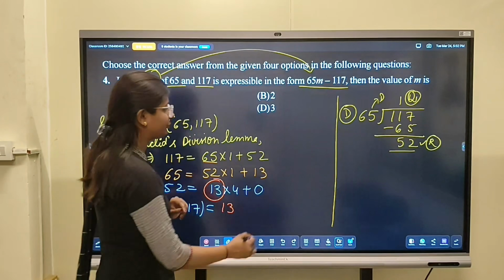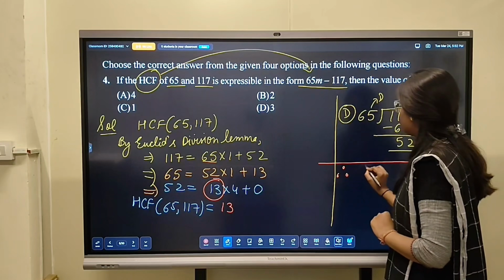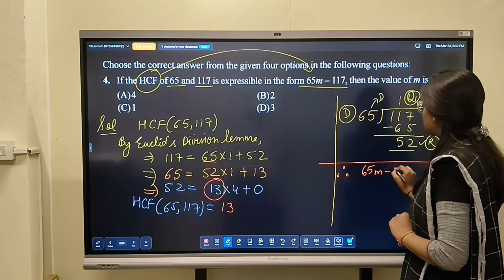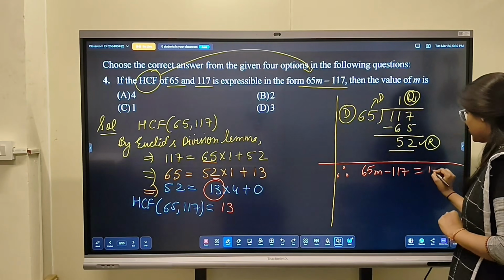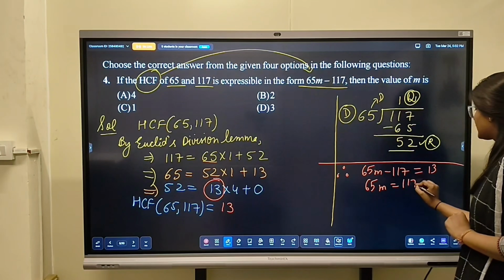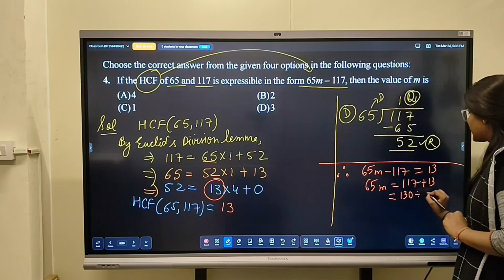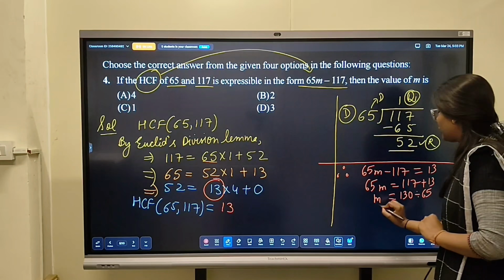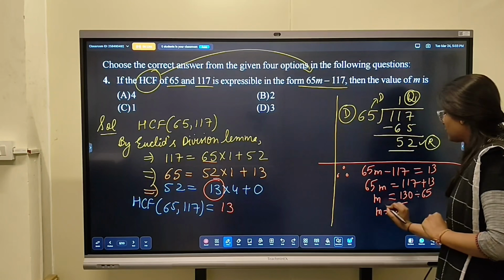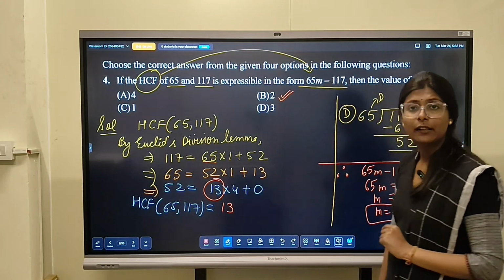Therefore, we will write 65m minus 117 is equal to 13. When you hold it here and transfer 117 to that side, you will be getting 130 divided by 65, and the value of m would be nothing but 2. So our option B would be the correct answer.